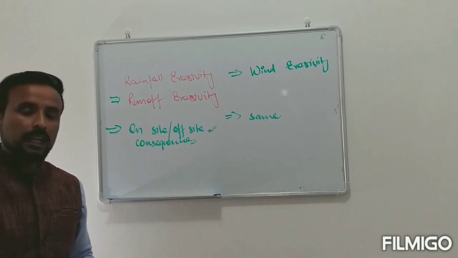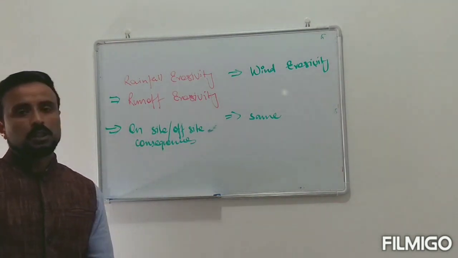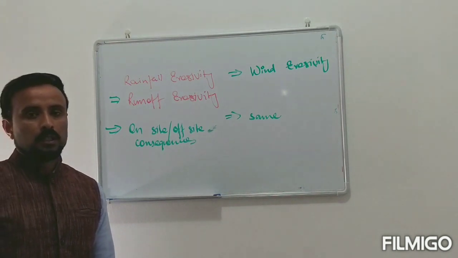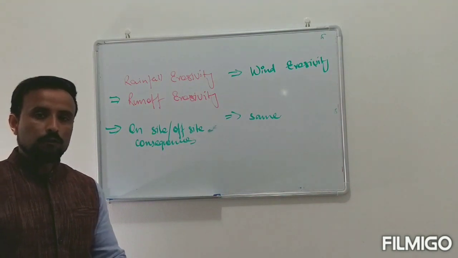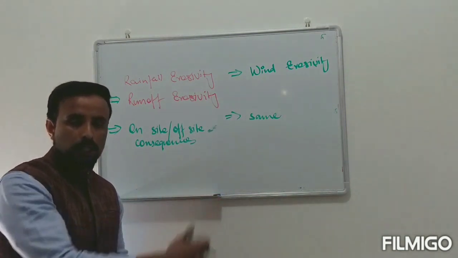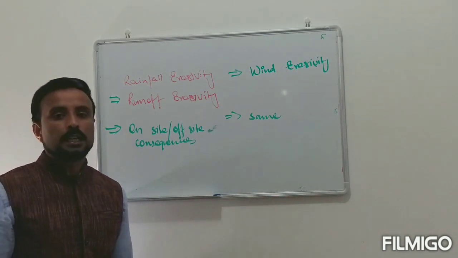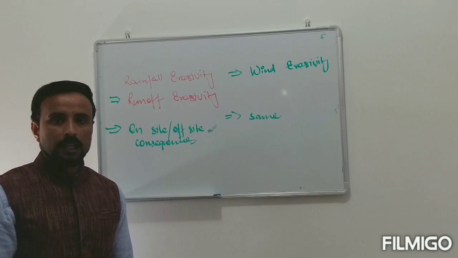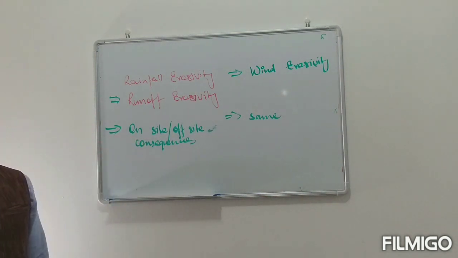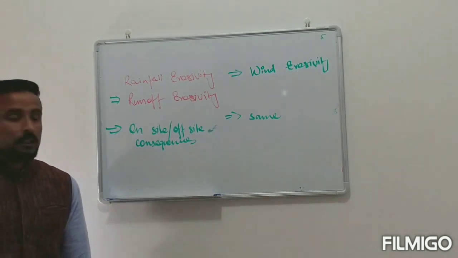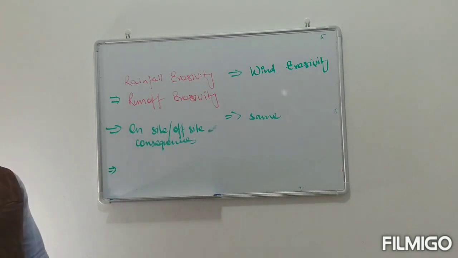That means from point A, soil material is taken and deposited to point B. So at point A also soil erosion is happening, and because of an excess amount of accumulation at site B, that is also getting polluted, right? So both point A and point B are getting polluted, right? One is by erosion, one is by accumulation. This is called on-site, off-site consequences, right? So this is common in both of them, right?